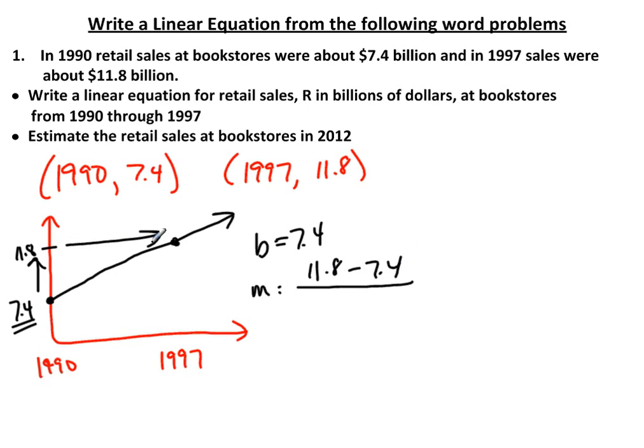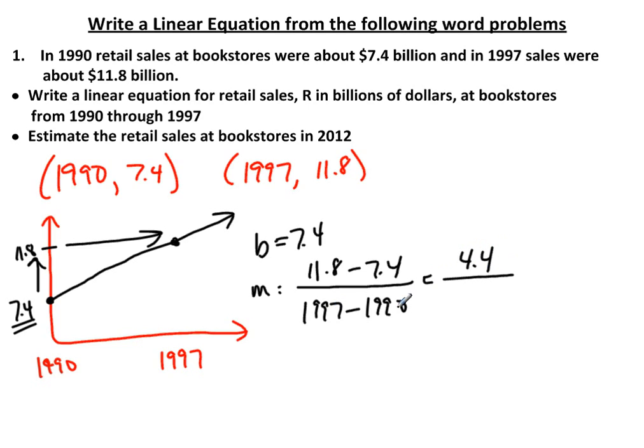I want to find out how far over I went. If I go from the years, and we want to make sure it's positive, we have 1997 minus 1990. So look, this is all I did. I took my y minus my y, my x minus my x, my change in y over my change in x.